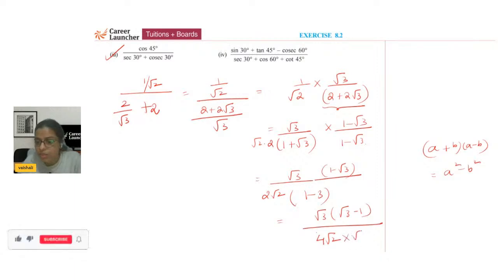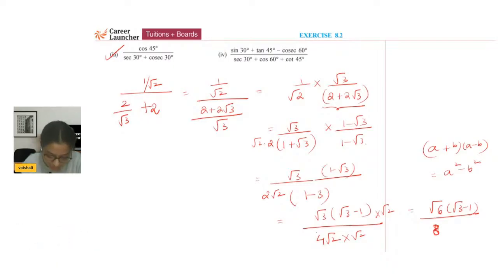You can also multiply this with under root 2 to get this in the further simplest form. And this is 4 into 2, which is 8. So we can stop right over here, and this is what our answer will look like. So the first part is done. So I hope so there is no doubt, right?